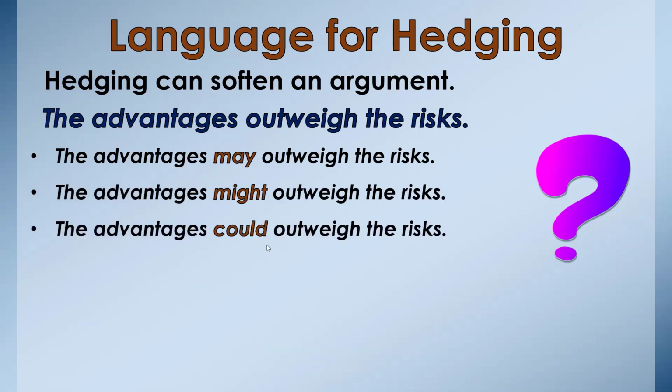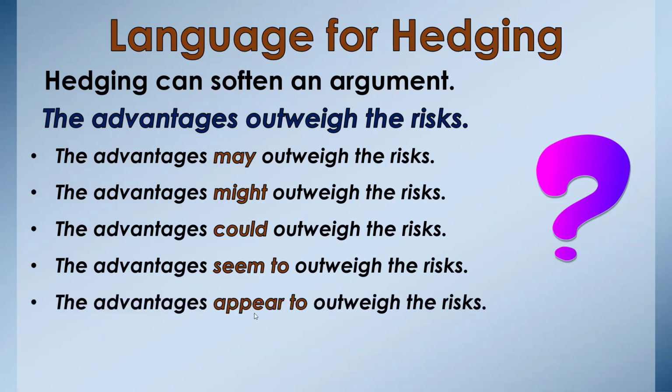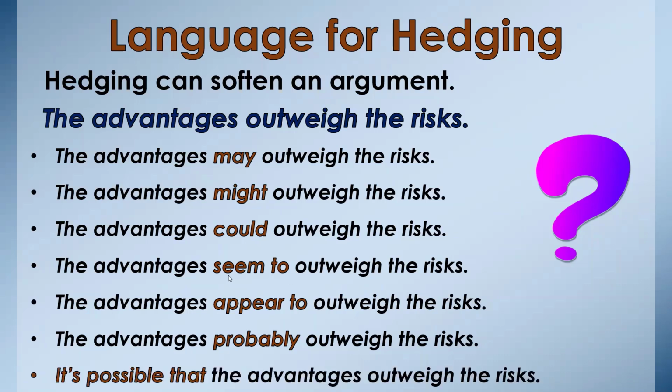The advantages could outweigh the risks. The advantages seem to outweigh the risks. The advantages appear to outweigh the risks. The advantages probably outweigh the risks. Or it's possible that the advantages outweigh the risks.